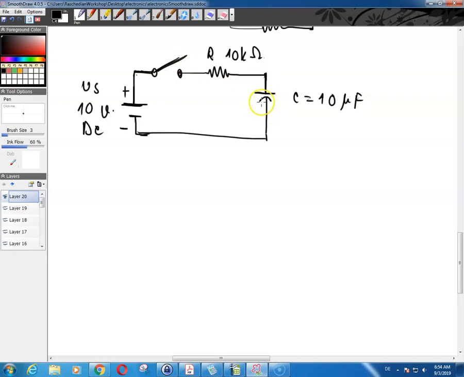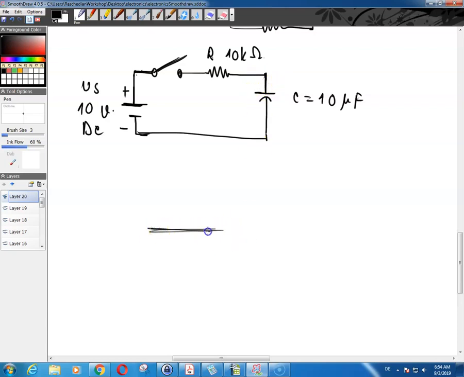And charging the capacitor means creating some potential difference across the two leads of the capacitor.